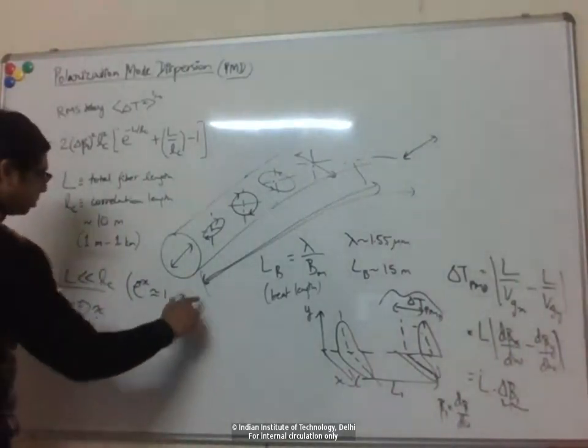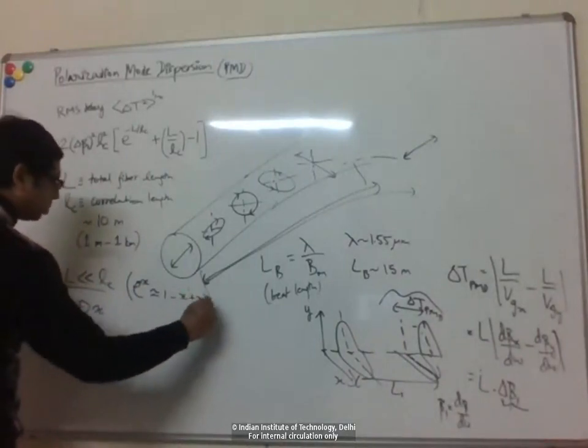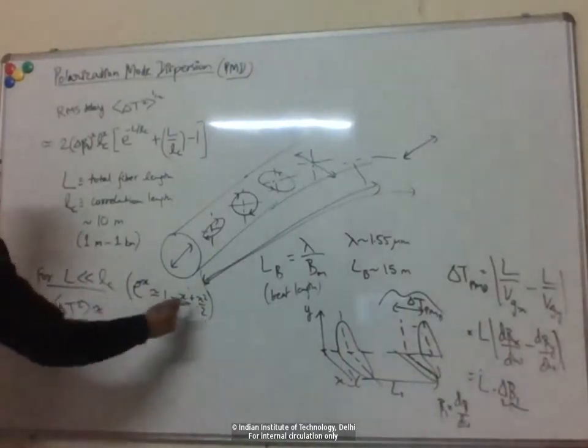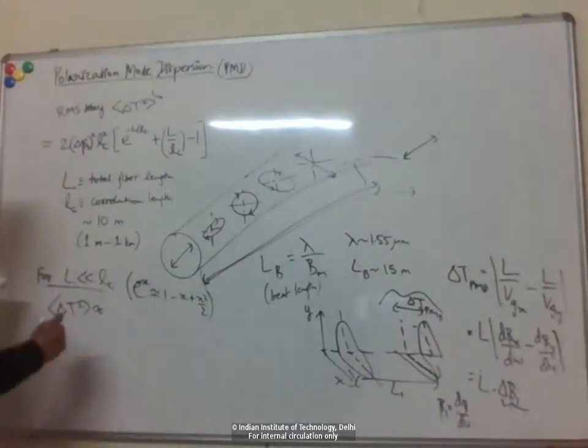Or we can keep one more term, x squared by 2. We go Taylor expansion up to the third term.